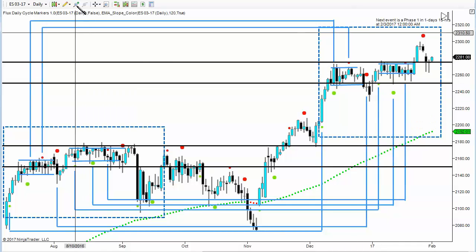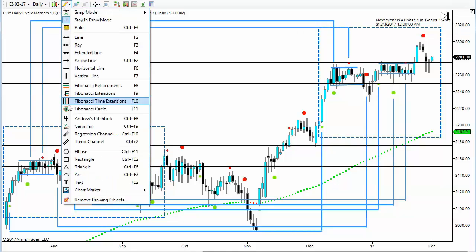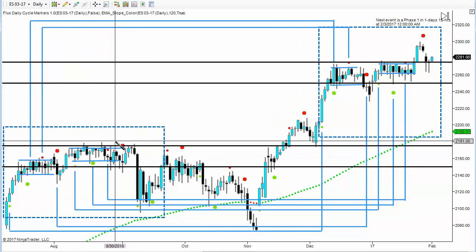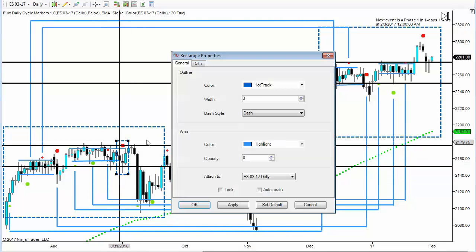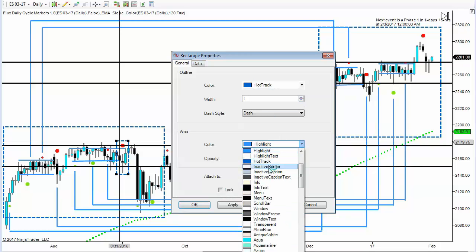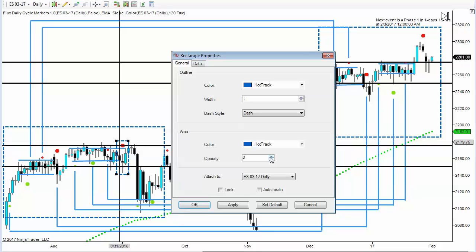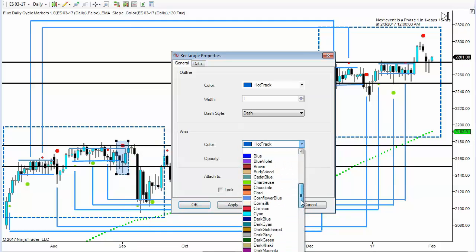So the patterns were identical up until this last phase. And then things went awry.